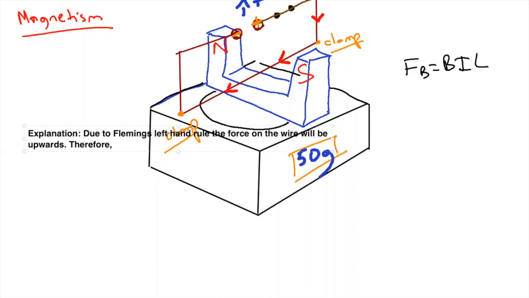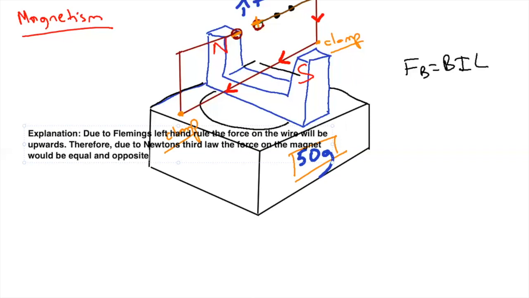Therefore, due to Newton's third law, the force on the magnet would be equal and opposite, right?